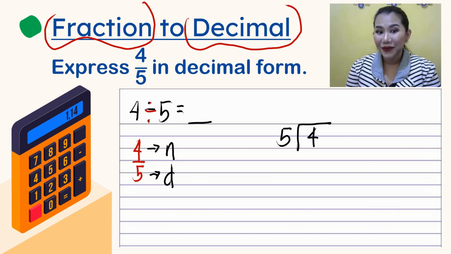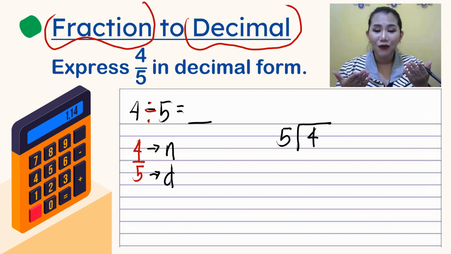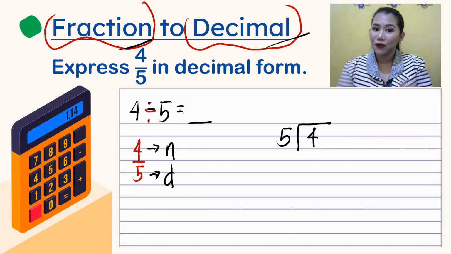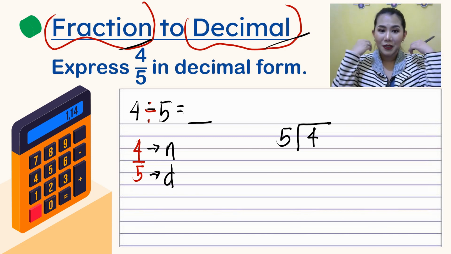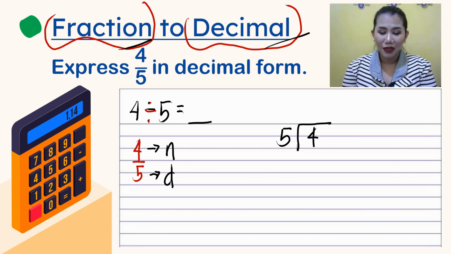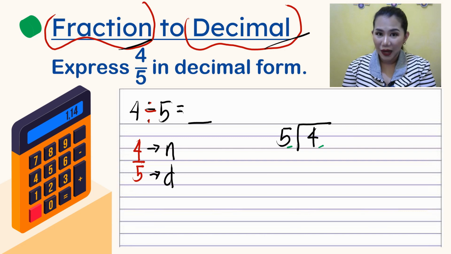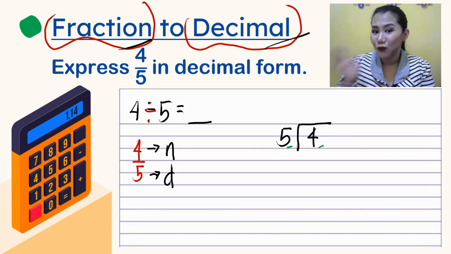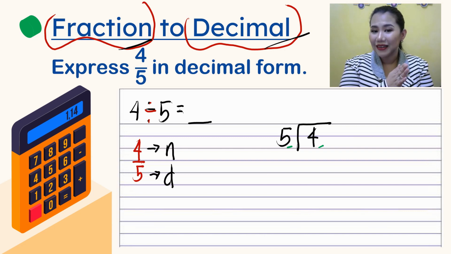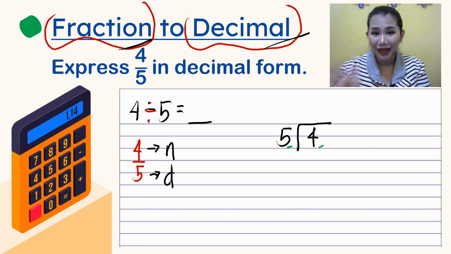Now, let us divide. Para lang tayong normal na nagdi-divide ng whole numbers. However, since we are changing fraction to decimal, dapat magka-come up tayo sa decimal number. So, how do we do that? What is 4 divided by 5? May makukuha ba tayong 5 sa 4? Wala, di ba? Kung meron kang 4 na piso, mahahati mo ba yun sa 5 tao?